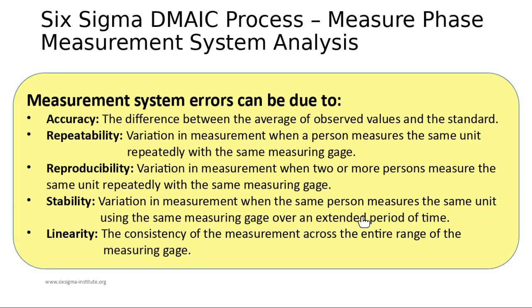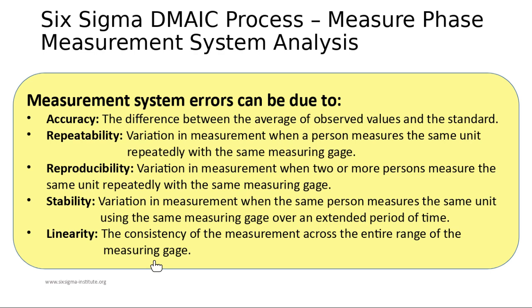This application is not stable, or one of the causes of the variation is stability. Linearity is the consistency of the measurements across the entire range of the measurement gauge, and that refers to the tools more than to the humans.